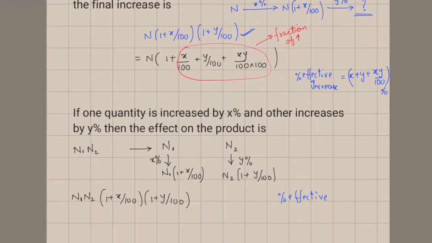So the effective increase will be the same. The whole concept behind these two is multiplying two increased percentages. So effective increase will be x plus y plus xy by 100%. సో ఇది మీరు గుర్తుపెట్టుకుంటే ఎగ్జామ్స్లో ఈజీగా చాలా టైం సేవ్ అవుతుంది, ఎందుకంటే ఇటువంటి క్వశ్చన్స్ చాలా ప్రీవియస్ ఇయర్ పేపర్స్లో ఇచ్చాడు కాబట్టి.